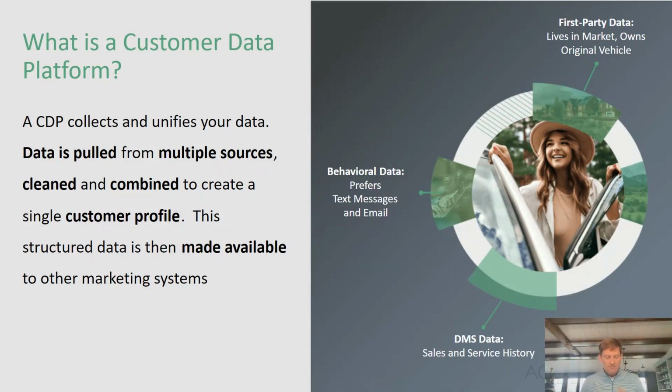Then it starts to unify that data. So once you've pulled together all of this disparate information, the CDP starts to get to work, right? And it's linking identified information like an email address or a cell phone number or a mailing address, right? And then it combines that with anonymous information that might be tracked by cookies, or engagement or interactions that people are having with content or on a landing page.